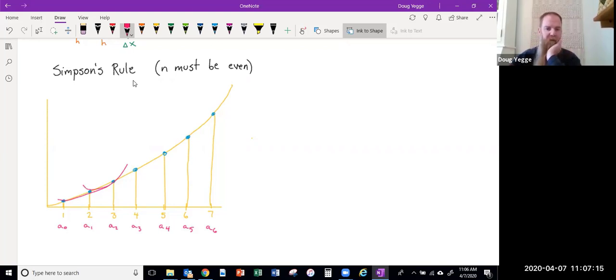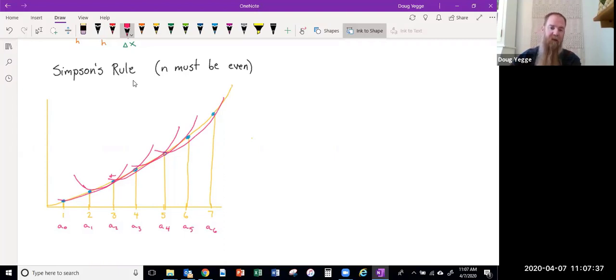But essentially you're trying to find a parabola that goes through each 3 consecutive points here. Okay, and then same thing here, and then same thing here. And notice that that's why you have to have an even amount, because if you didn't, you wouldn't have enough to actually go around.